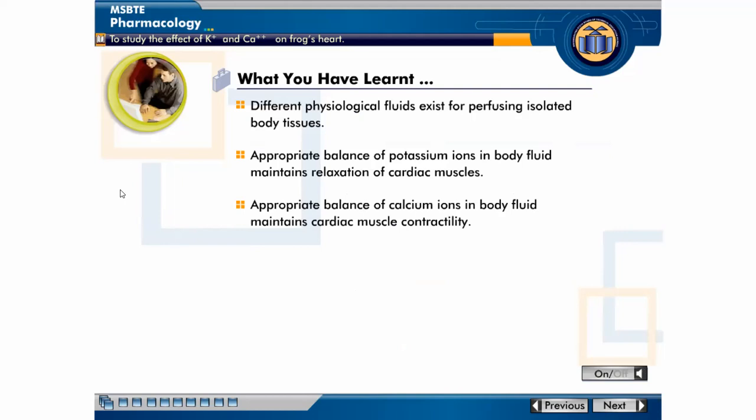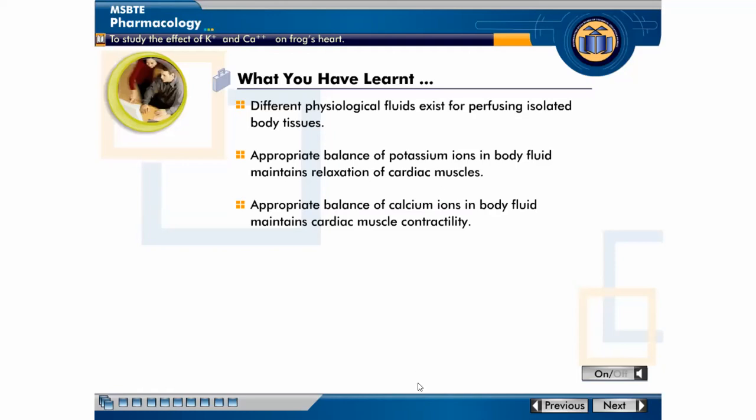We learn from this experiment that calcium ion shows contraction, that is they block in the systole, and potassium ion shows relaxation, that is they stop the heart in the diastole. जर appropriate balance असेल in body fluid, then they maintain contractility, that is contraction. Relaxation is maintained by potassium ion.